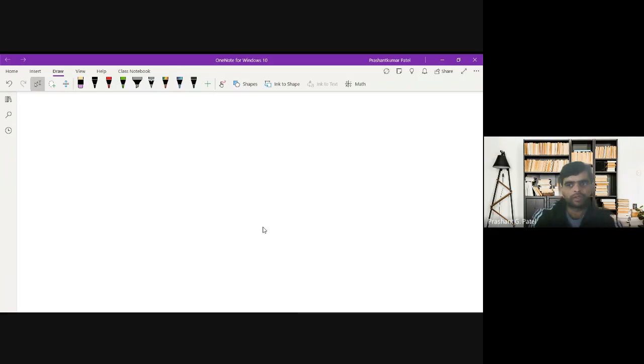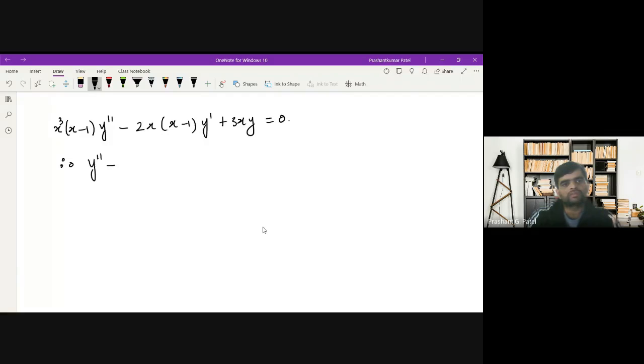For example, take this example: x cube times x minus 1 y double dash minus 2x times x minus 1 y dash plus 3x y equal to 0. This equation I can rewrite as y double dash minus 2x times x minus 1 upon x cube times x minus 1 y dash plus 3x upon x cube times x minus 1 y equal to 0.